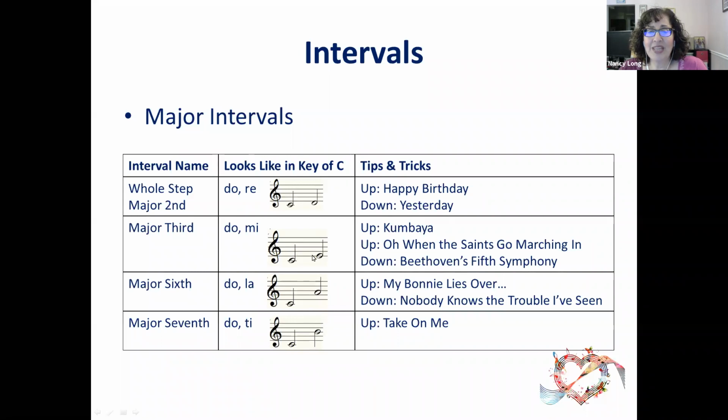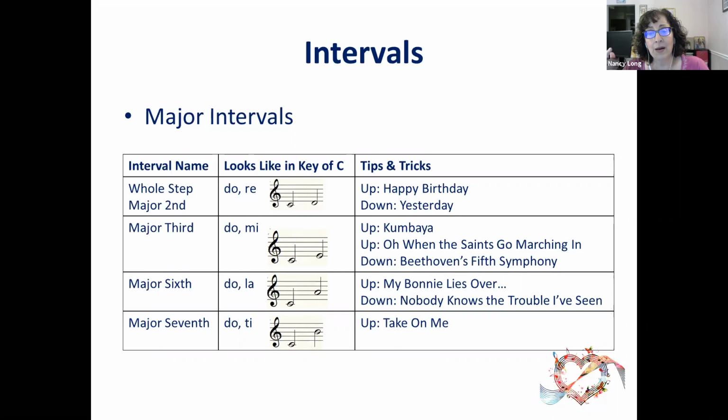And you can see that some of these other intervals are also being built when you sing beyond that first 2 notes. Kumbaya, and we're getting into the 5th. Okay, major 6th. If any of you grew up when I grew up, you know the song My Bonnie Lies Over the Ocean.